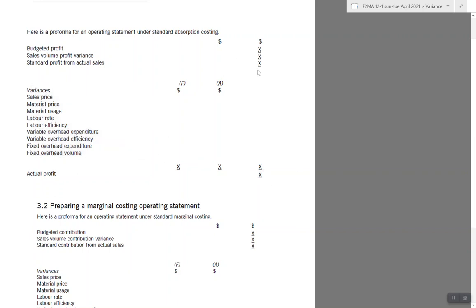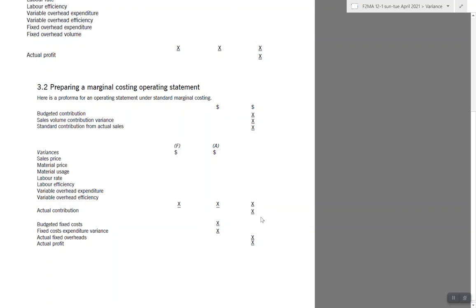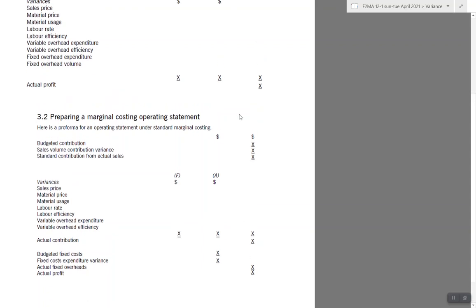For example, if they tell you to calculate standard profit from actual sales, and then they give you all of these variances, then you should know that they are not minused from standard profit from actual sales. Only volume profit variances would be deducted. Just like that, when they ask you actual contribution, you would know that fixed variance would not be deducted from it yet. So you need to remember this much.